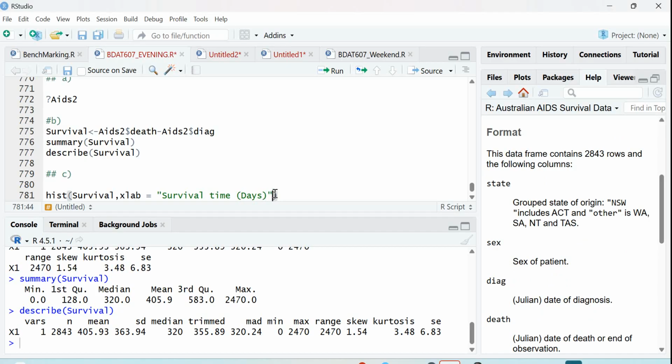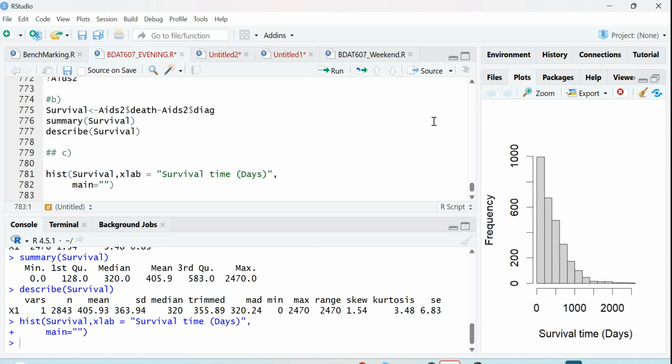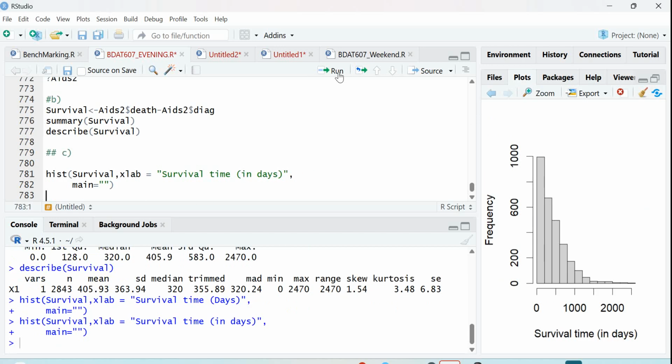Then the y-axis we can leave it like that, but we don't want any main title. And there we have it.